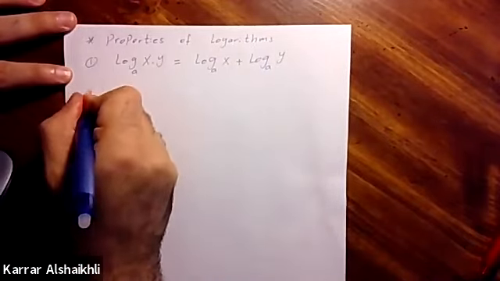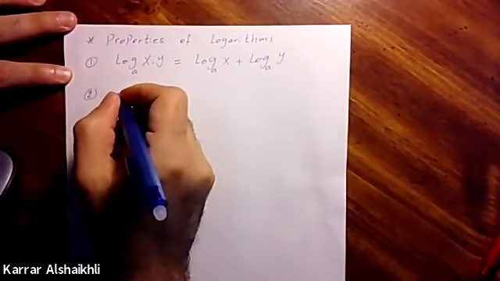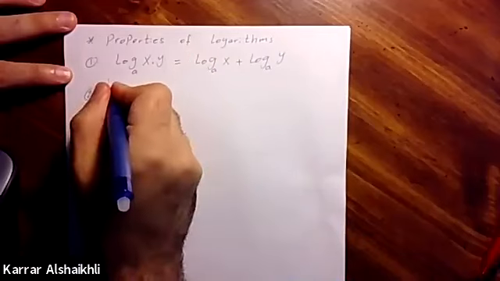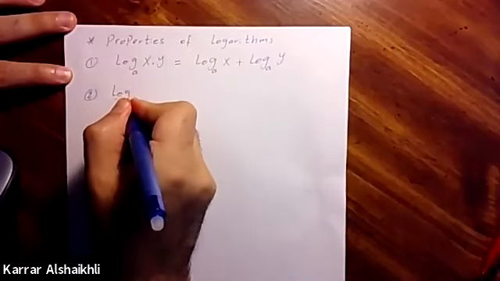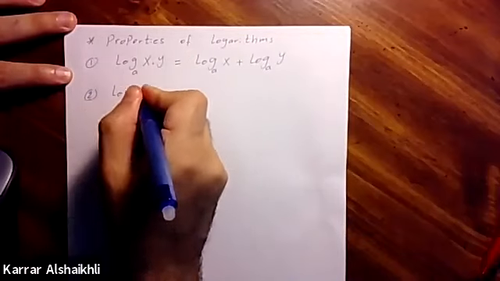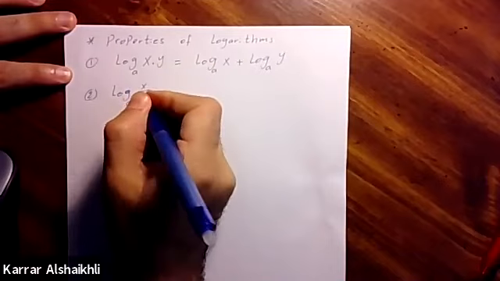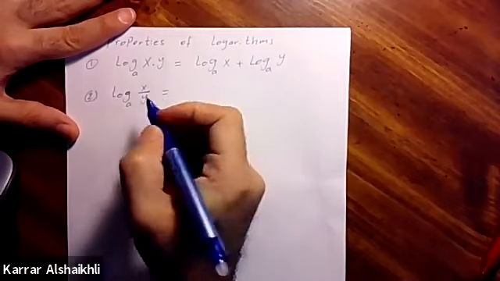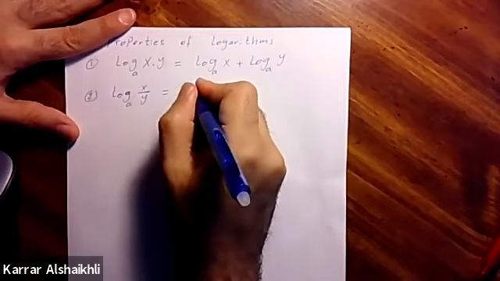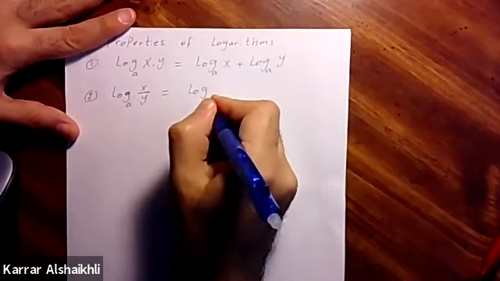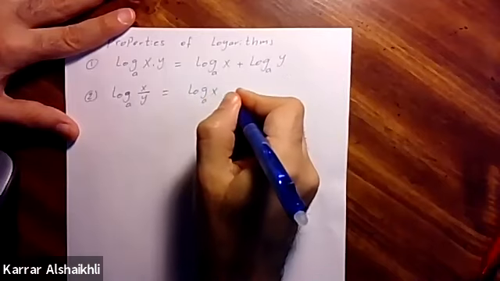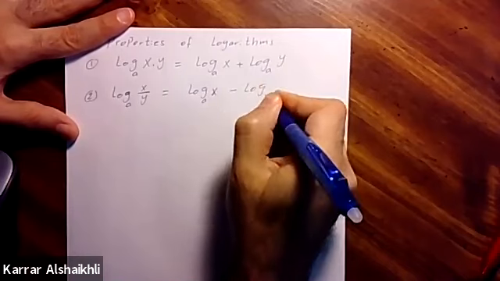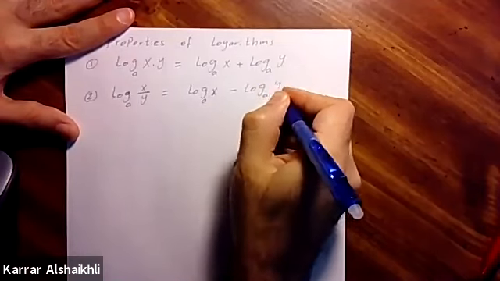The second one is if it's division. If you have log to the base a of x divided by y, so division between two numbers, it's going to be log to the base a of x minus log to the base a of y.